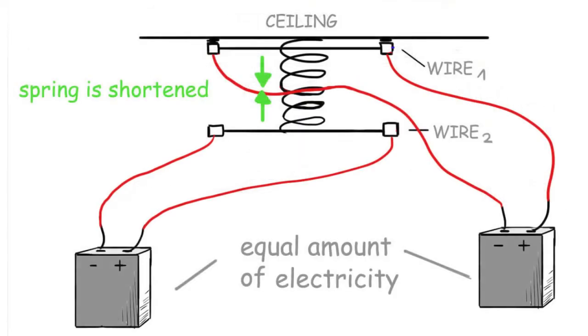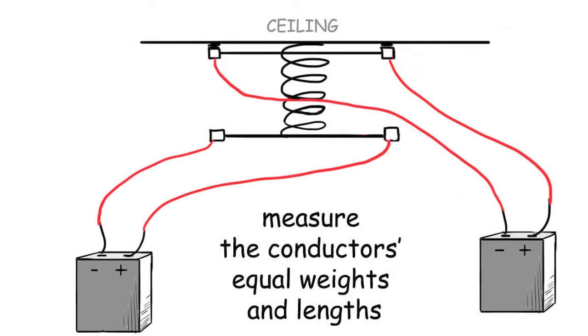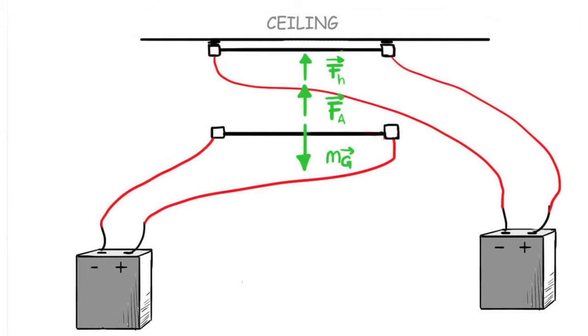Connect one conductor to the source of the electromotive force. Connect the other conductor to another equal source of electromotive force. Verify that the spring is shortened. Weigh the conductors with the help of weights and measure their equal lengths. Remove the spring and substitute it with the action of Hooke's force, Fh.